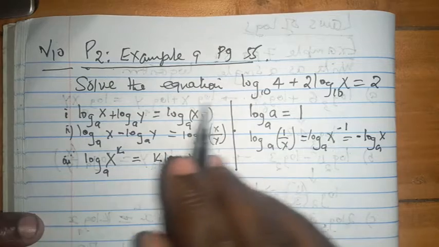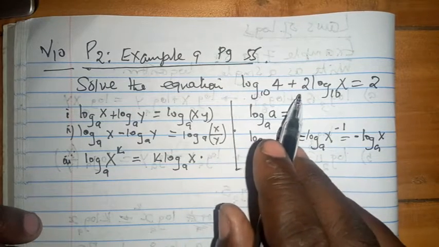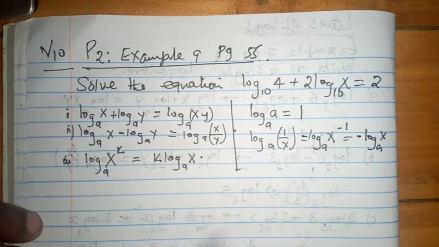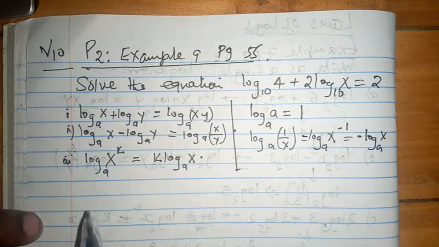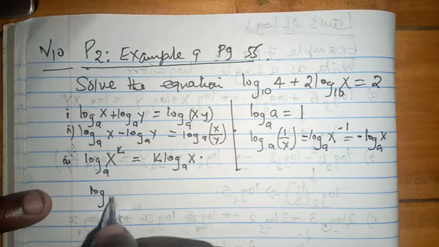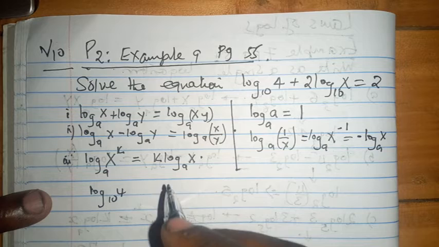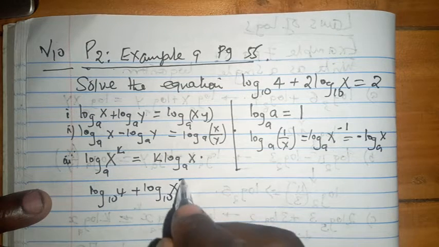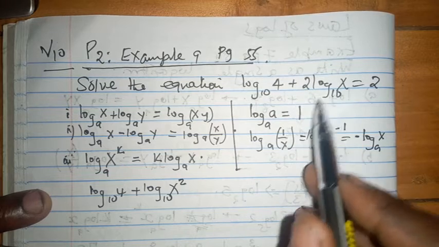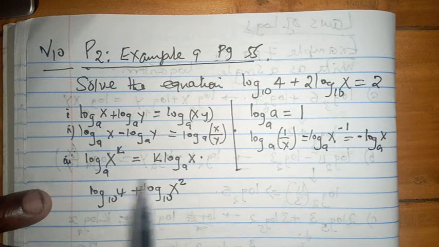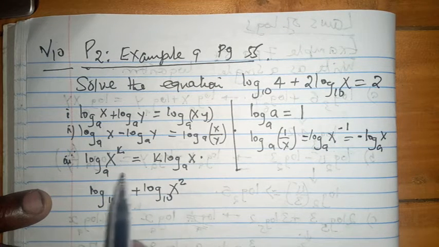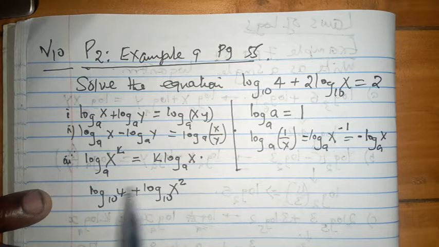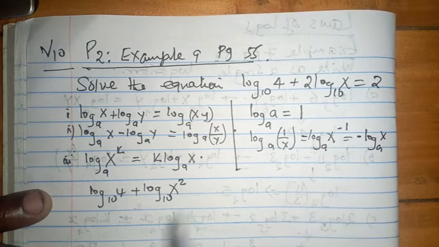So when we are talking about log to base 10 of 4 plus 2 log to base 10 of x, then we are saying log to base 10 of 4 plus log to base 10 of x squared. This one has to be affected by this law because it is in this format, so we can write it in this format where 2 becomes now the index.